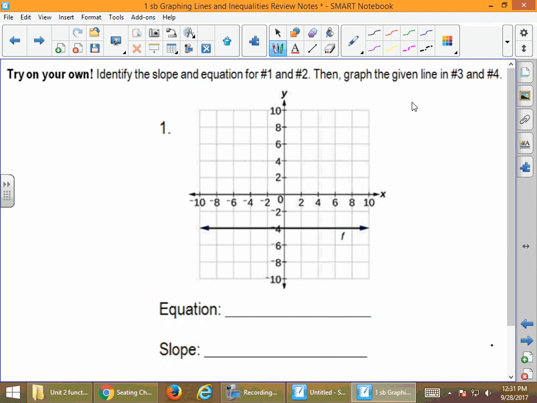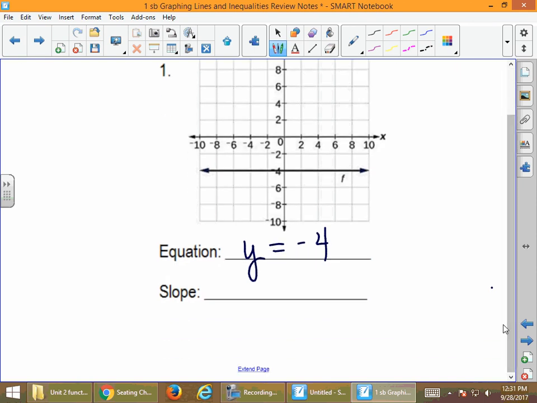Does it cross? And we can see that it's going to cross the y-axis. And then where does it cross? It crosses at -4. Well, right above, because we were just talking about it, what's the slope? Well, the slope of a horizontal line is 0. If you would prefer to write the number 0, write the number 0.